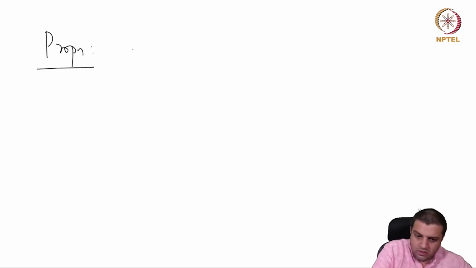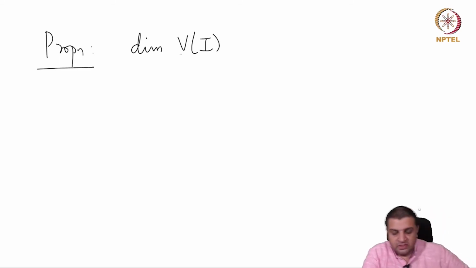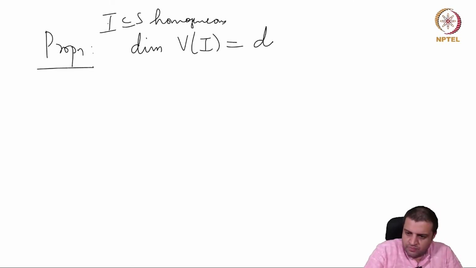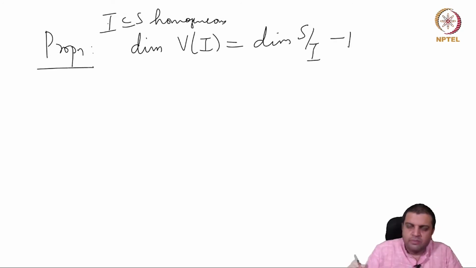The dimension of V(I), remember, this is inside Proj of S, not inside Spec of S, so I is a homogeneous ideal inside S, is equal to the dimension of S mod I minus 1.